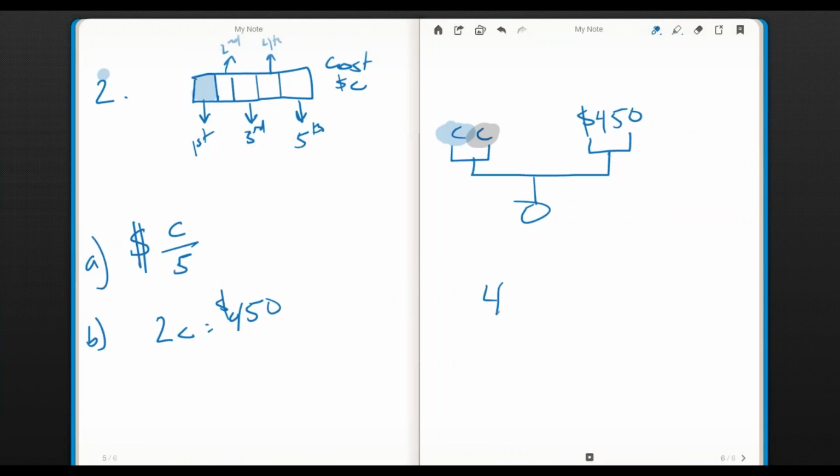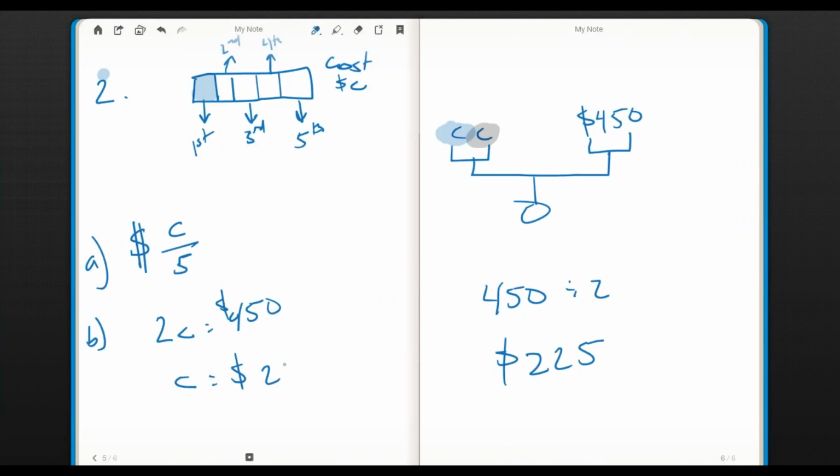So then if I said, well, take that 450 and divide it by 2, the hundreds would be 200 and the 50 would be 25, so 225. And so that would tell me that the C value is 225. That's what they want us to find out. Well, no, that's not the end of it.